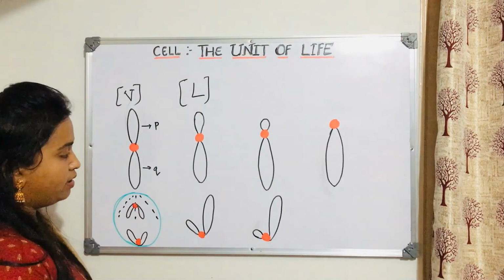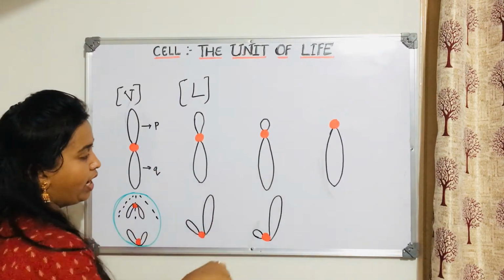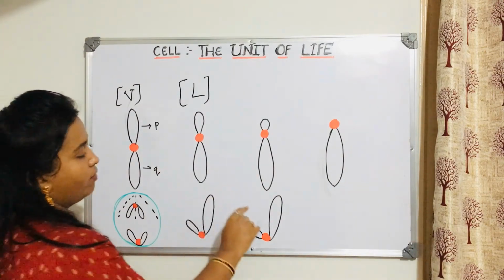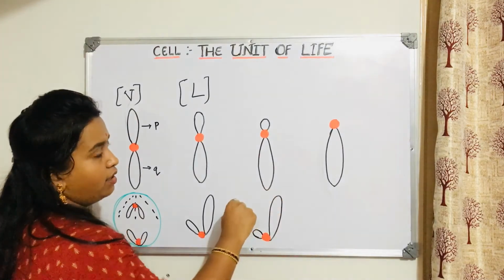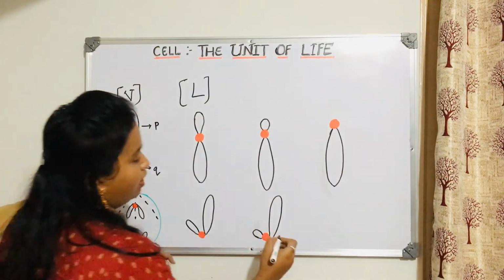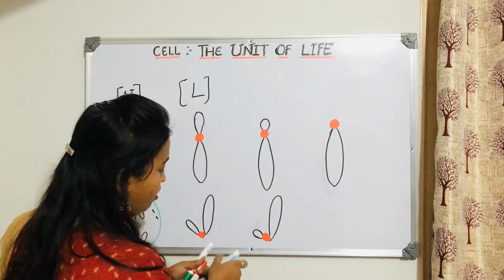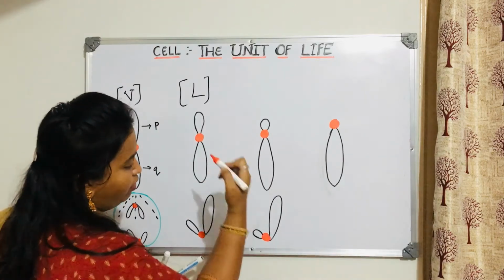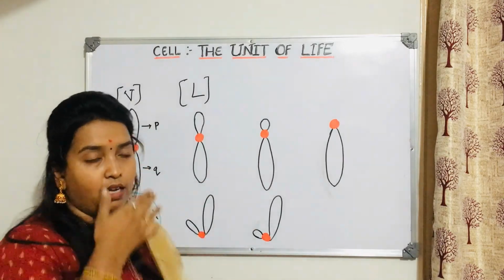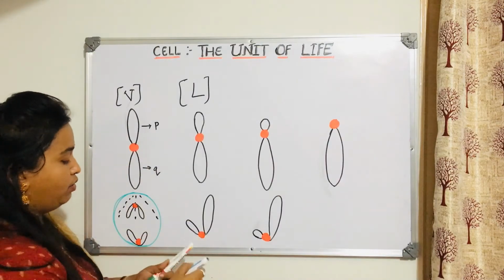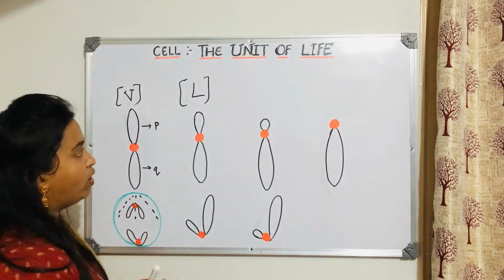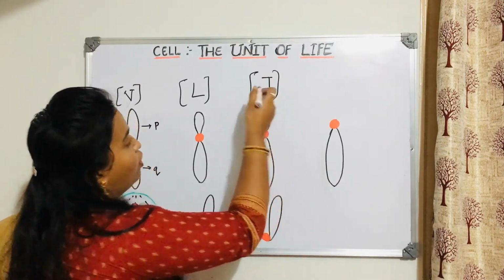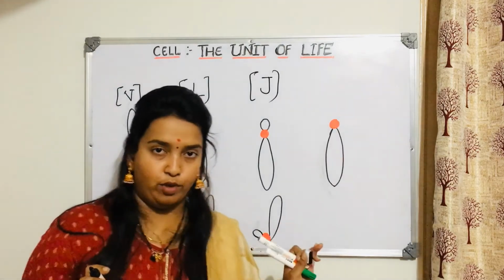If you show the other side, it looks like a J. Even if you consider the other chromatid, if it is seen this way, it looks like a J. I'm not sure whether it looks like that or not, but remember that this is acrocentric, and it looks like a J. So we also call it a J-shaped chromosome.